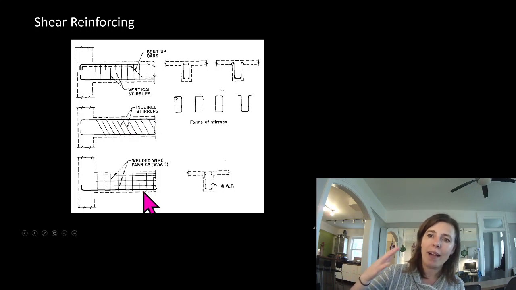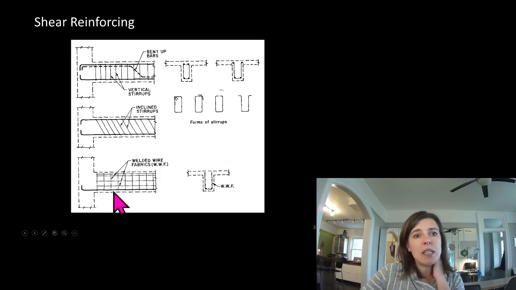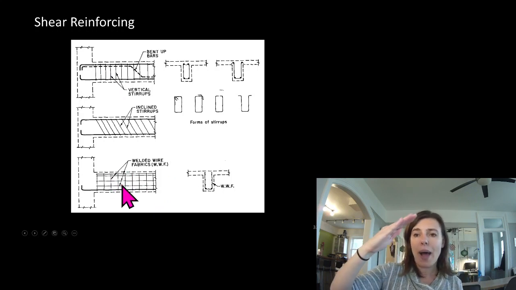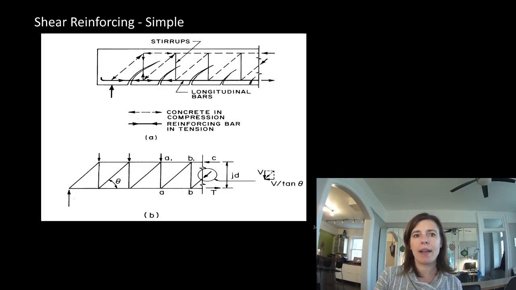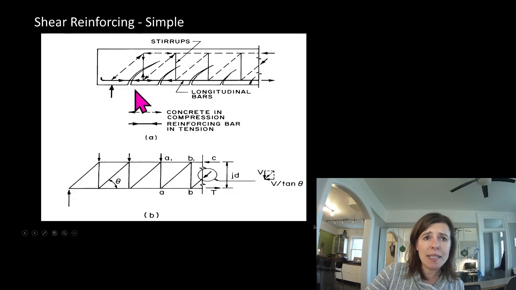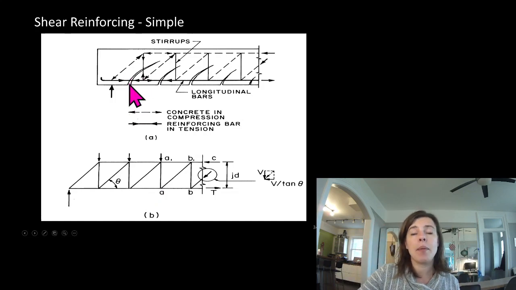And so our cracks actually follow along that path because it's concrete and it doesn't like tension. So we'll actually get cracking in this diagonal pattern. And we put these shear stirrups across the path of the cracking. So it hits a steel stirrup and stops cracking. So you can see here, that's a shear crack starting to form in a beam in bending, and it hits this stirrup and helps prevent the cracking.